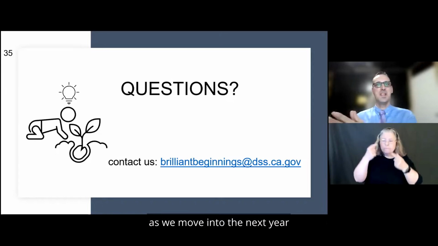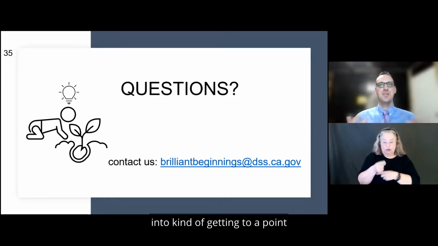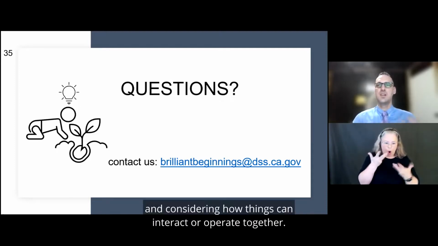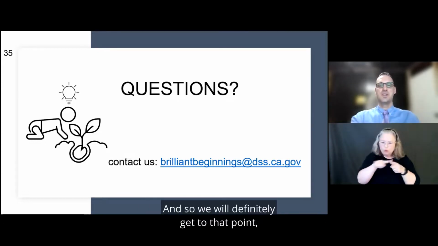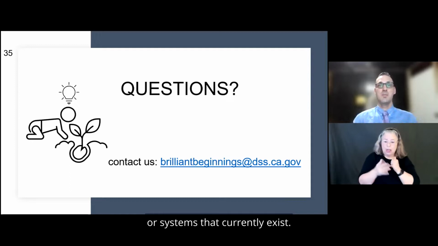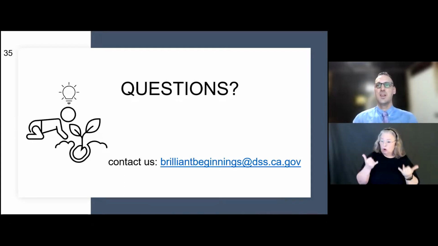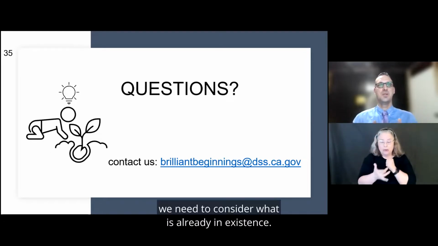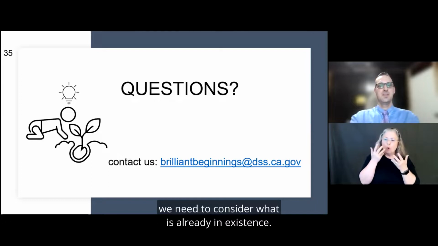As we move into the next year, we'll get to a point where we roll our sleeves up, so to say, and look at everything that exists and consider how things can interact or operate together. We will definitely get to that point, because there is a lot of really good technology and systems that currently exist. With any new concept of technology, we need to consider what is already in existence.